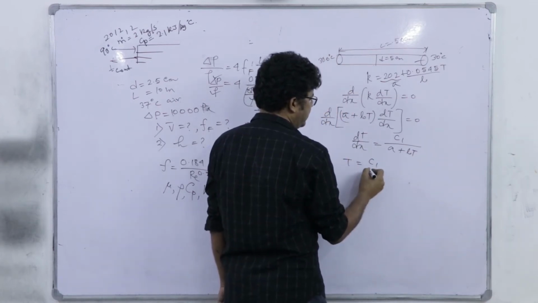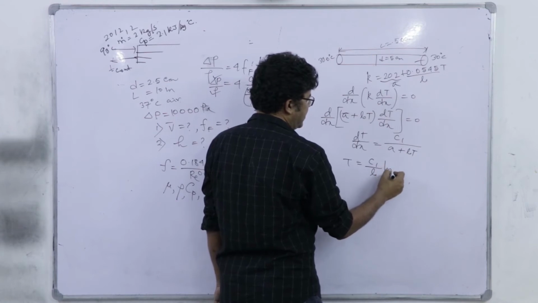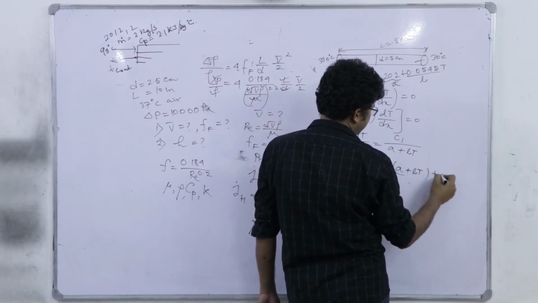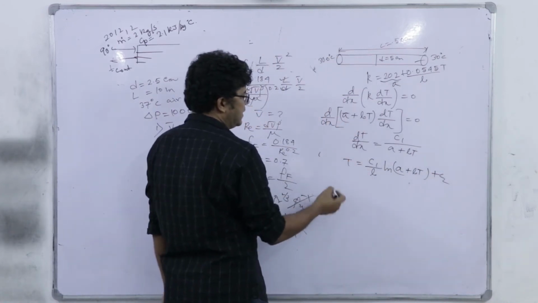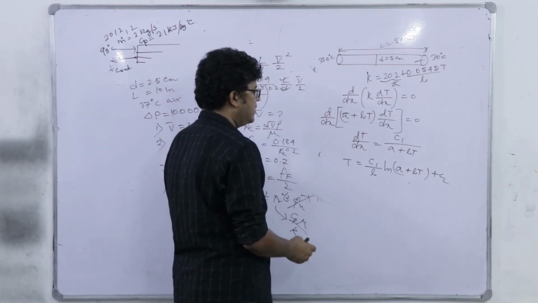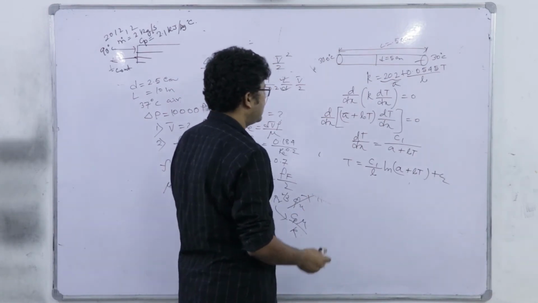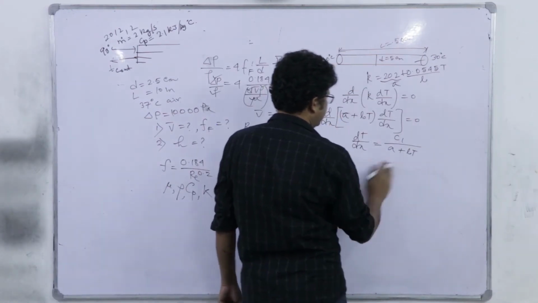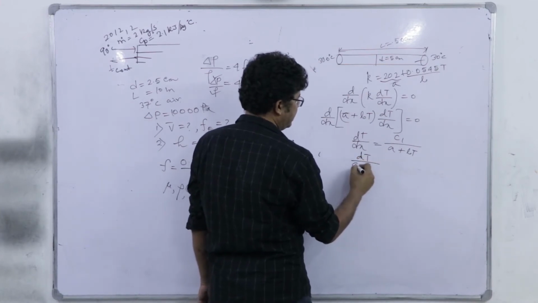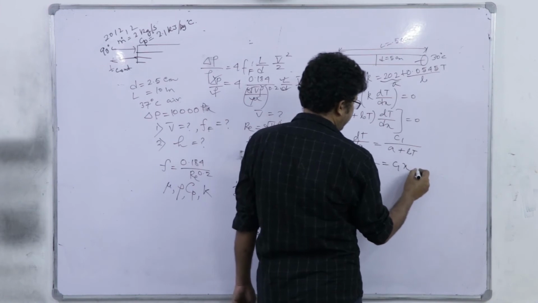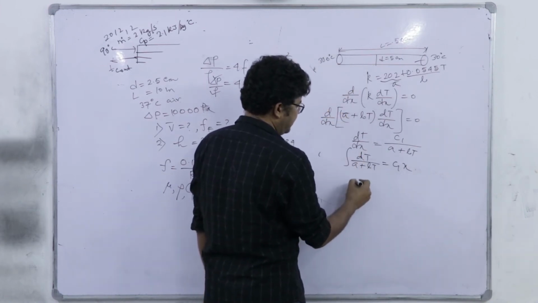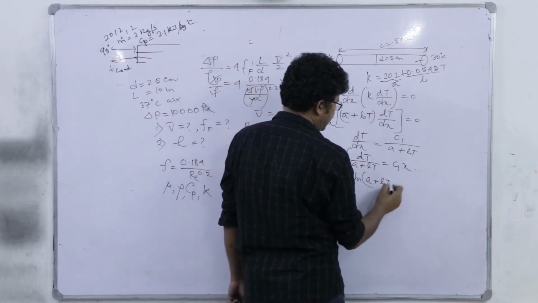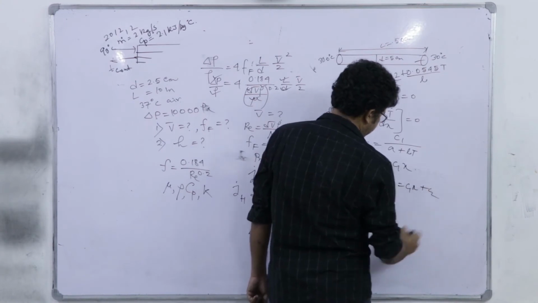Integrating, (1 by B) ln of (A plus BT) is equal to C1 x plus C2.